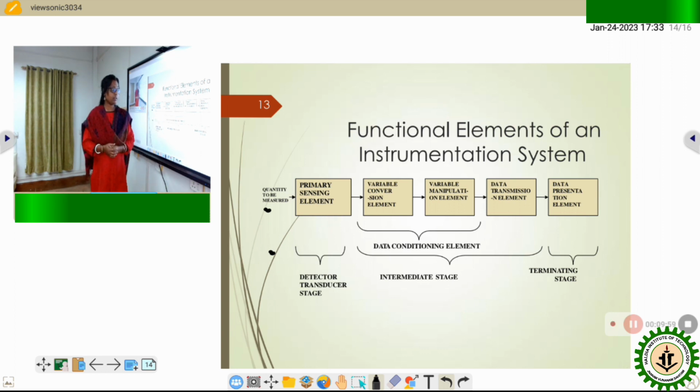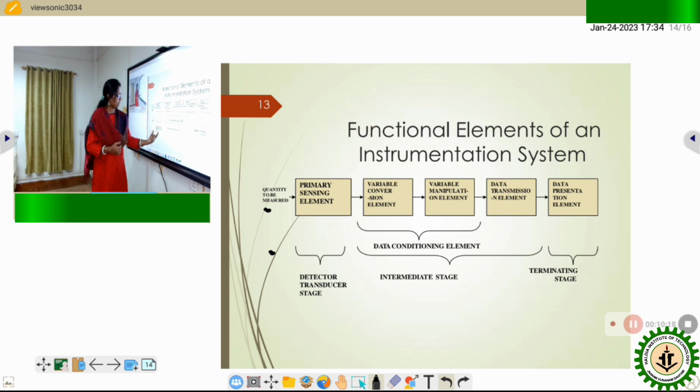After that, we have the data transmission element, and then the data presentation element. So when data is given as input to the primary sensing element, it travels through these blocks, and finally the data presentation block comes in.